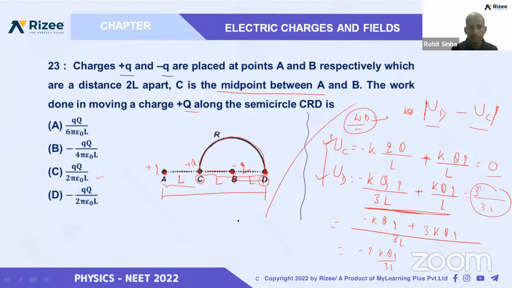Now some are thinking we are not getting the answer. Now it is minus 2 by 3L. Now, value of K we know, 1 by 4 pi epsilon naught into capital Q into small q. You will solve this and you will get the answer.